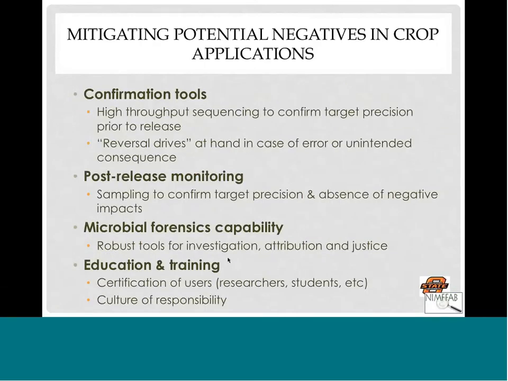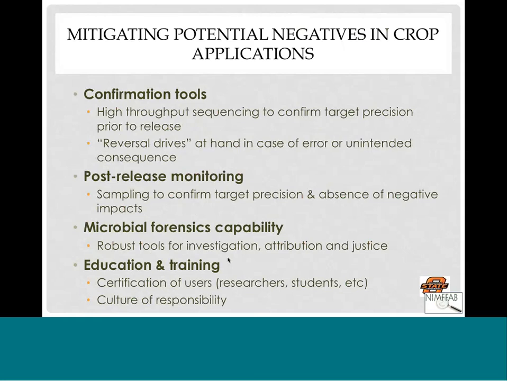So mitigating potential negatives in crop applications could include steps like confirmation tools, using sequencing to confirm that the targeting was precise, and having reversal drives, the ability to change or stop the movement through the population at hand in case something seems to have gone wrong.